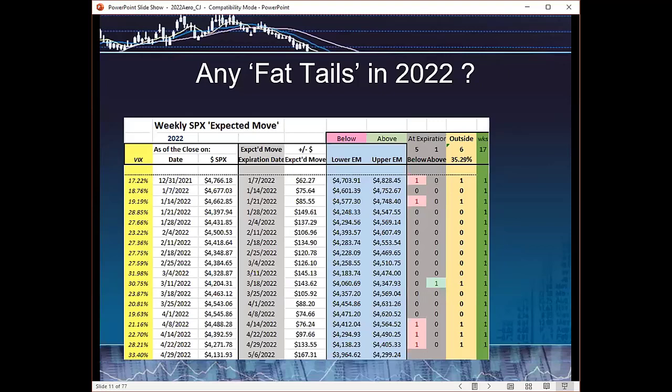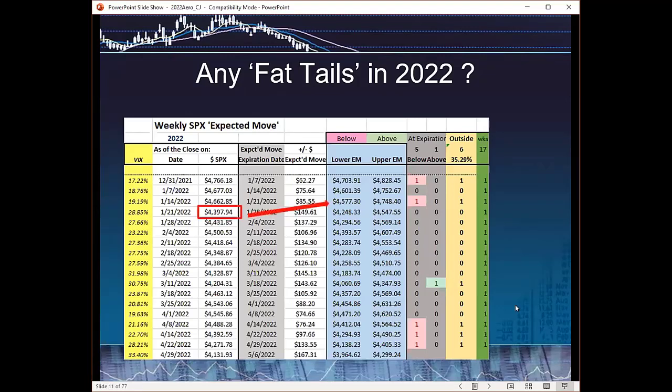Well, I actually keep track of the weekly expected move on the S&P, and that's determined after the close of the market each Friday, looking at the options prices for their expiration 1 week into the future. And that prices a one standard deviation move. So having done this for several years, here's the data as of now in 2022.